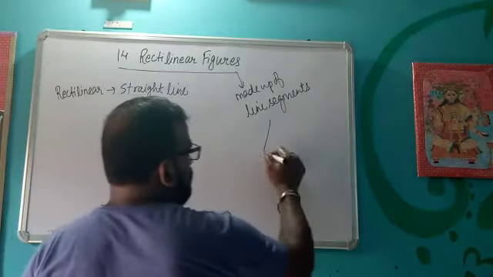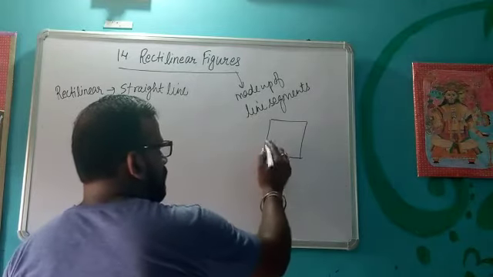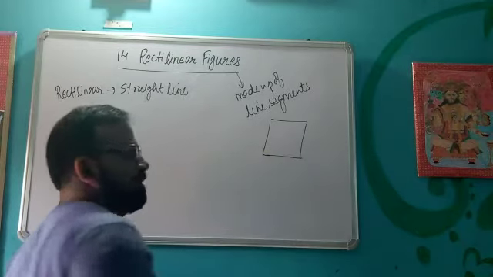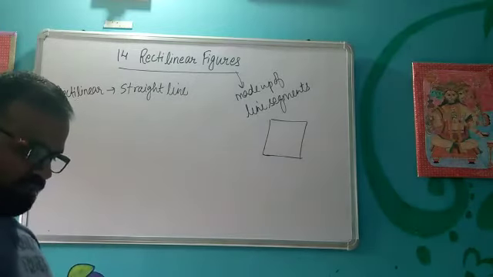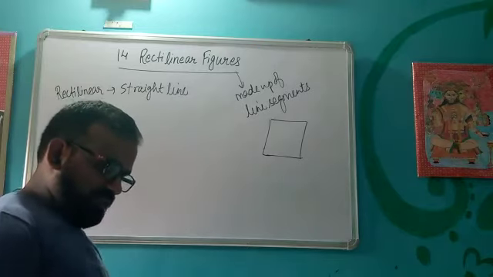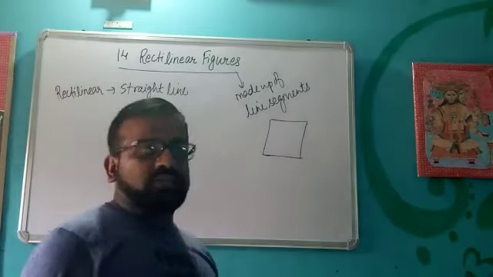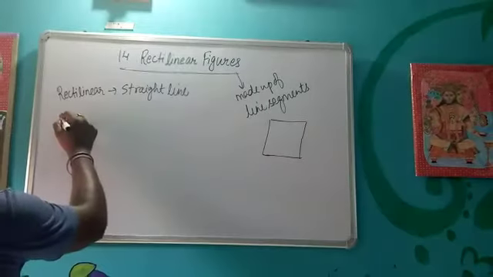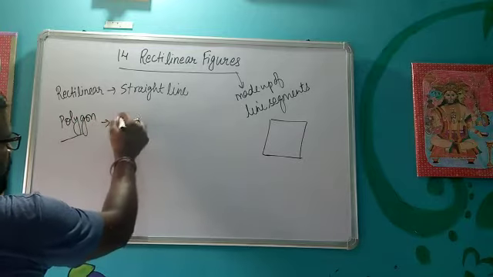For example, if I make a figure like this, it is made up of 4 line segments. It may be a rectangle, it may be a square, or in general we call it a quadrilateral. What about a polygon?